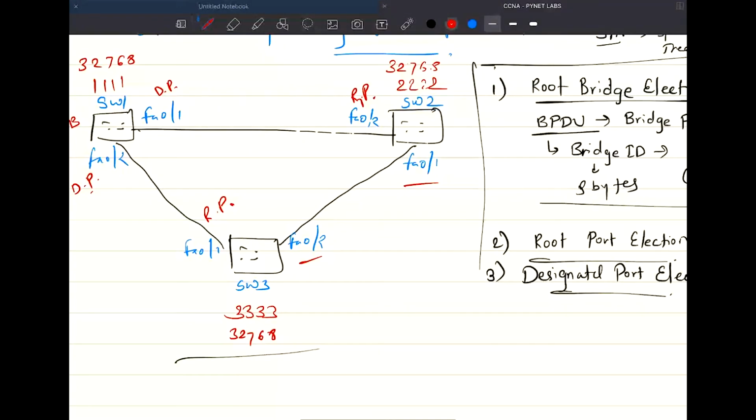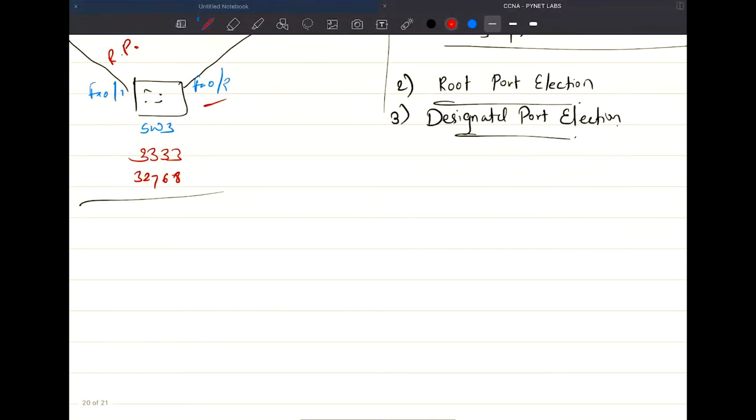You get that? And what's the lowest MAC address? Switch 2. That's why FA0/1 of switch 2 will be placed as designated port. And then what is going to be the remaining port? The remaining port will be the choice made in electing the blocked port.